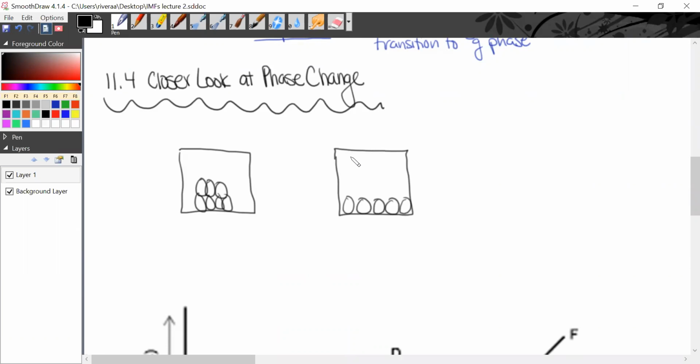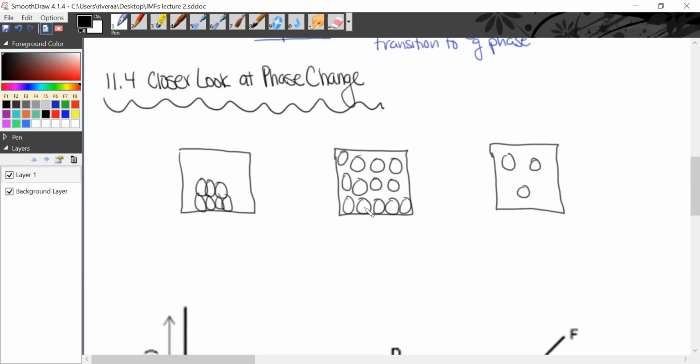I don't usually fill my container with liquid. Sometimes the AP exam will fill the container with liquid, and you're supposed to know that that is a liquid and not a gas because it just looks more crowded. A gas for the AP exam would look like this. Liquid, gas.